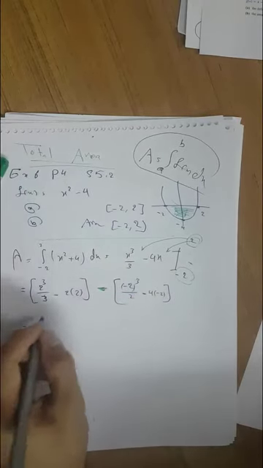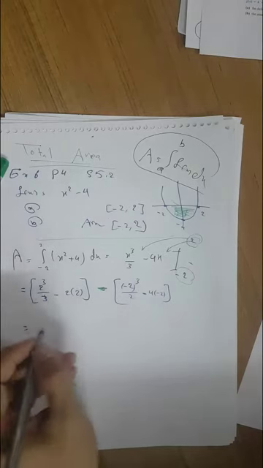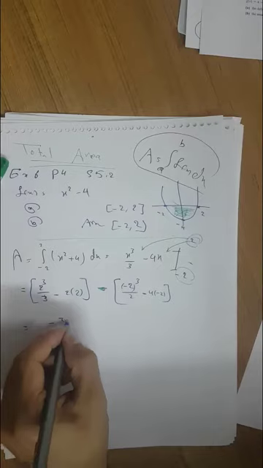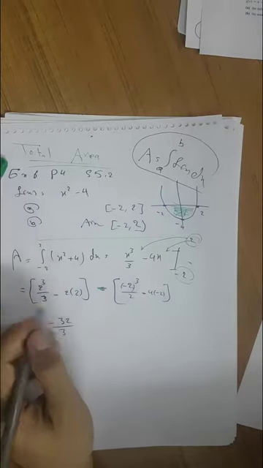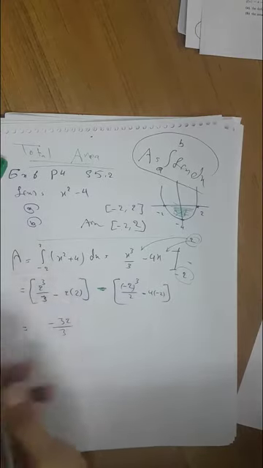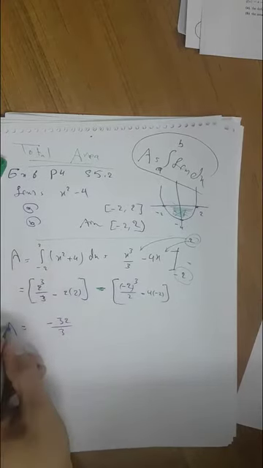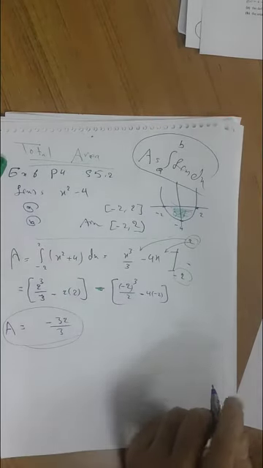The result of all of this is 32 over 3. Try to do this easily, it's just numbers and multiplication. So in that case, area is equal to minus 32 over 3.